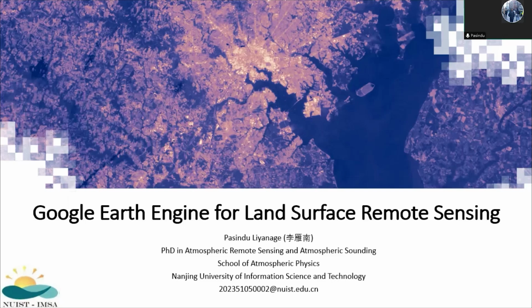For example, I think most people here know that satellites not only take visual range images, but we also have IR and different kinds of sensors. For land surface monitoring, we mostly use visual images.